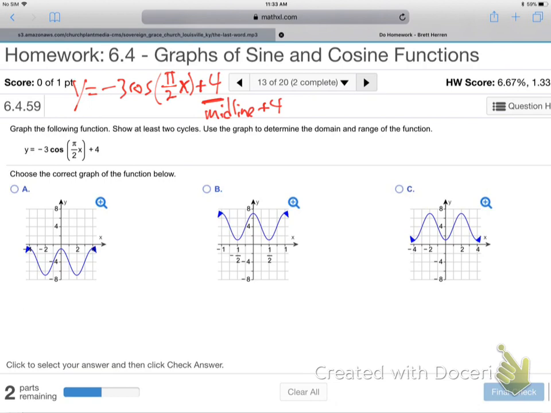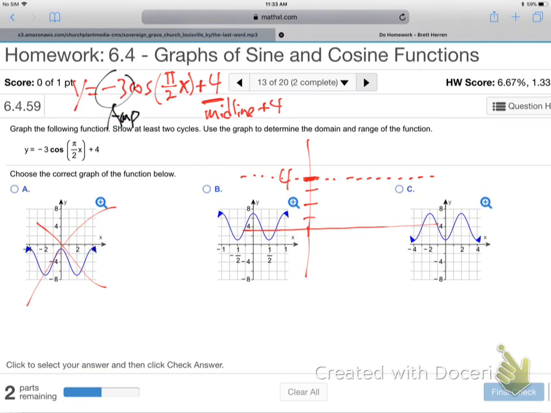So the new midline is going to be up 4, so this isn't right, is it? So I'll do that. So here's 0. So 1, 2, 3, 4. So I'll put a new dotted midline at up 4. Okay. Now, how far above and below that midline does the graph go? 3.